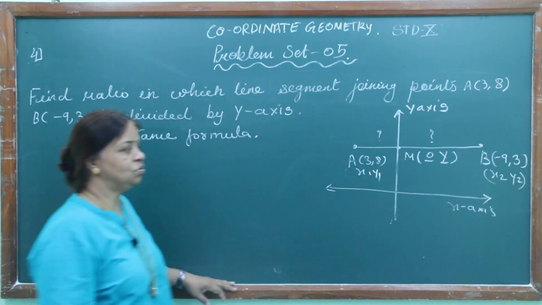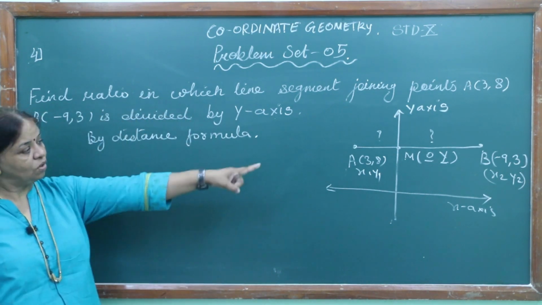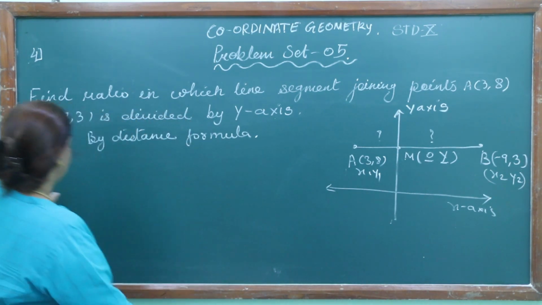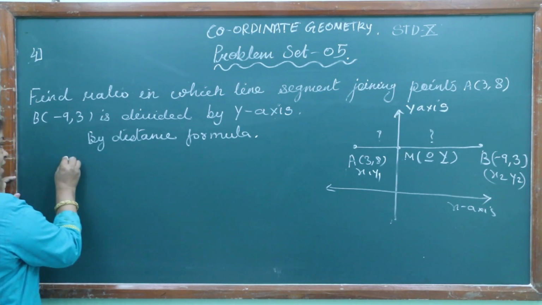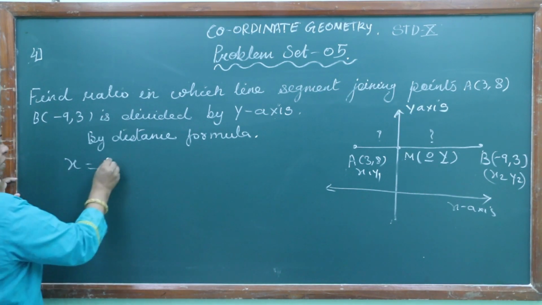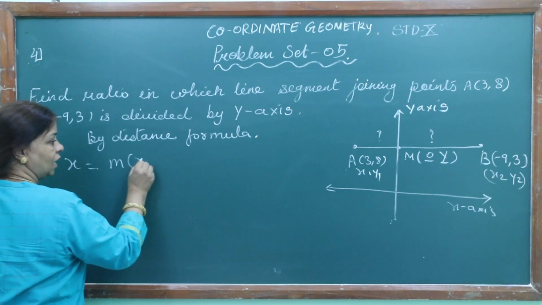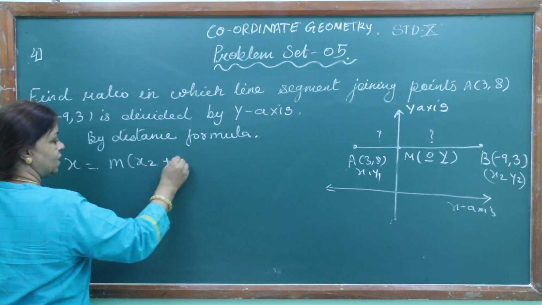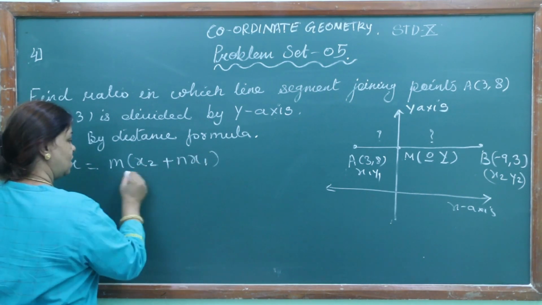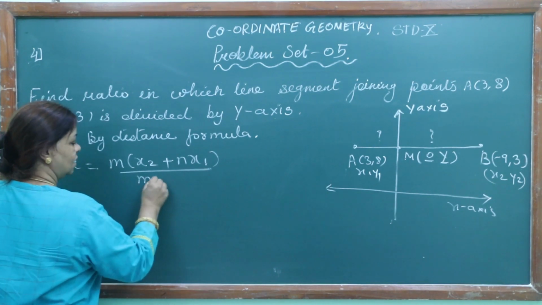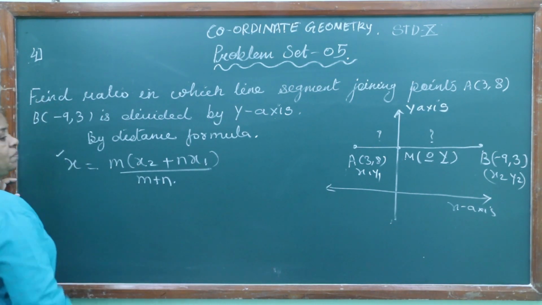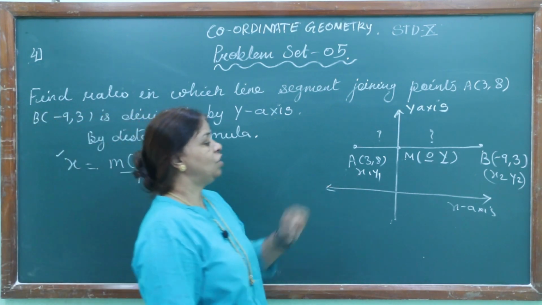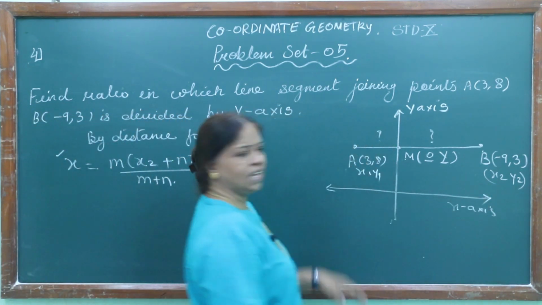So we can use the formula here, and the x coordinate we know is 0. So x is equal to (m x2 plus n x1) upon (m plus n). Why am I using x? Because x is given, x1 is also given, x2 is also given, so we can get m and n.